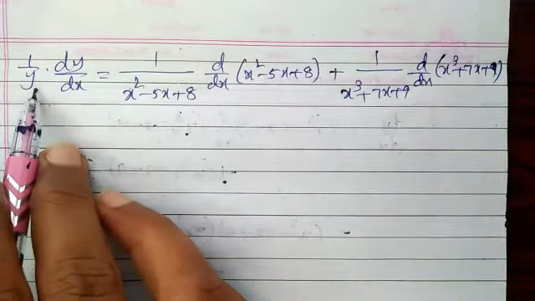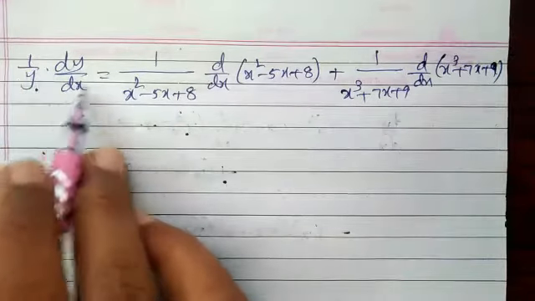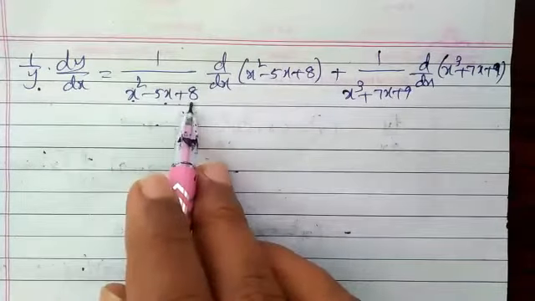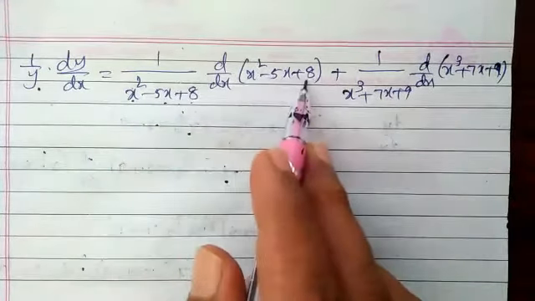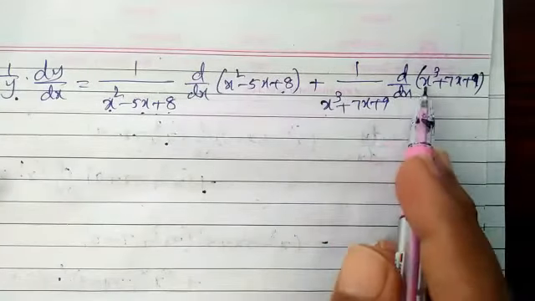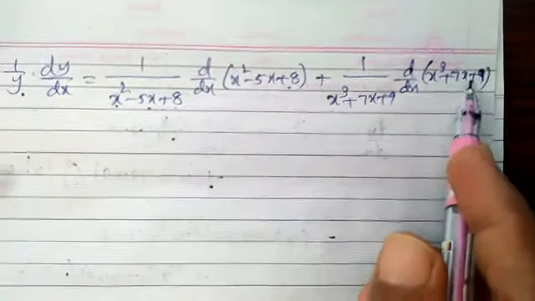That means d by dx of log y means 1 by y into dy by dx is equal to 1 by x square minus 5x plus 8 into d by dx of x square minus 5x plus 8 plus 1 by x cube plus 7x plus 9 into d by dx of x cube plus 7x plus 9.